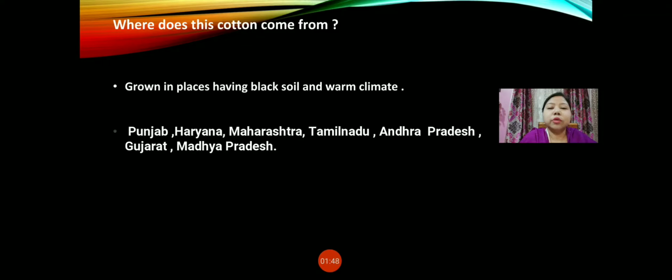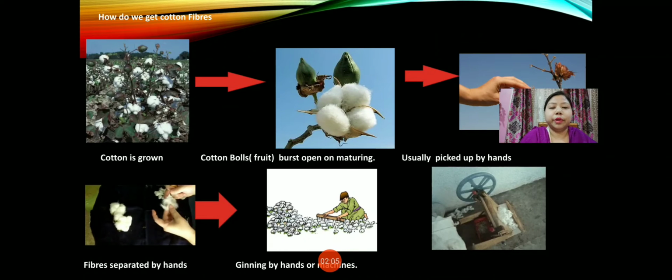So we get the cotton wool from the field. Cotton plants are grown in the field in places having black soil and a warm climate. In India, the cotton plant is grown in states like Punjab, Haryana, Maharashtra, Tamil Nadu, Andhra Pradesh, Gujarat and Madhya Pradesh.